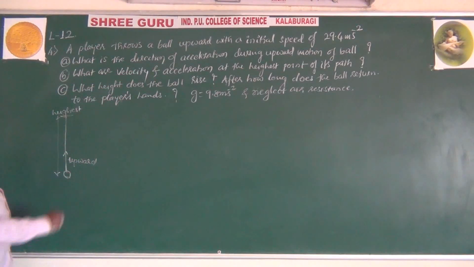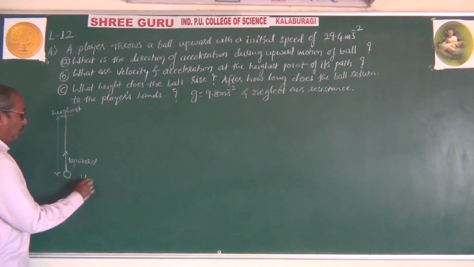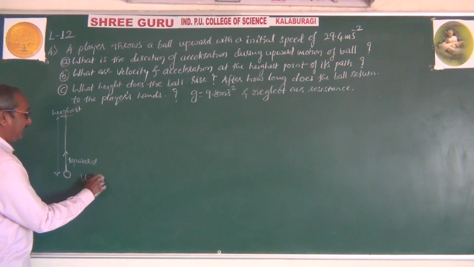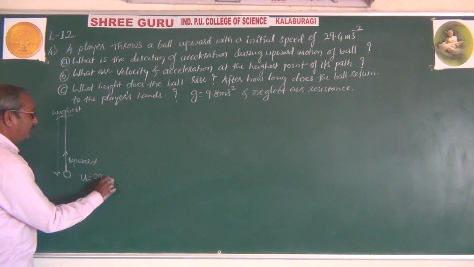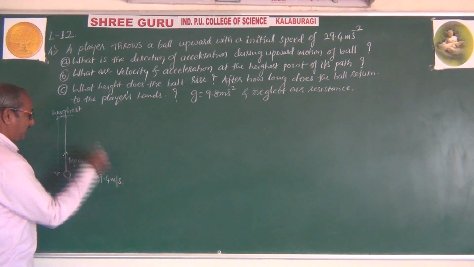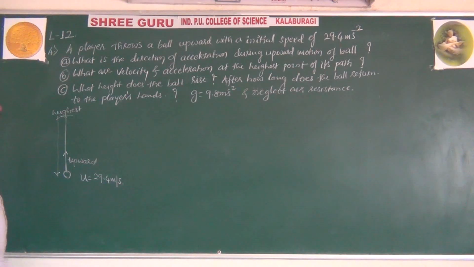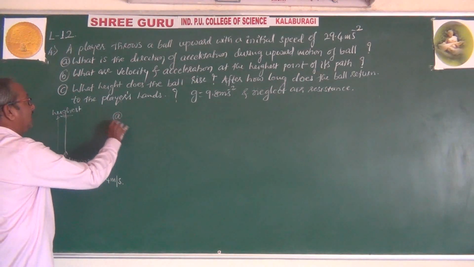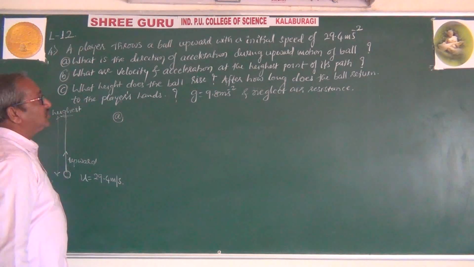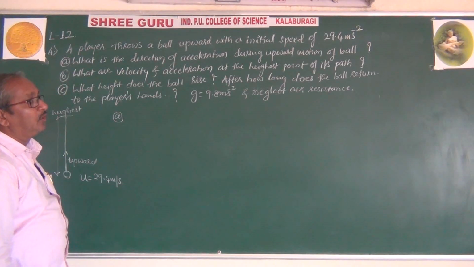Here the initial speed is given: u equal to 29.4 meters per second. The first question is A: what is the direction of acceleration during upward motion?